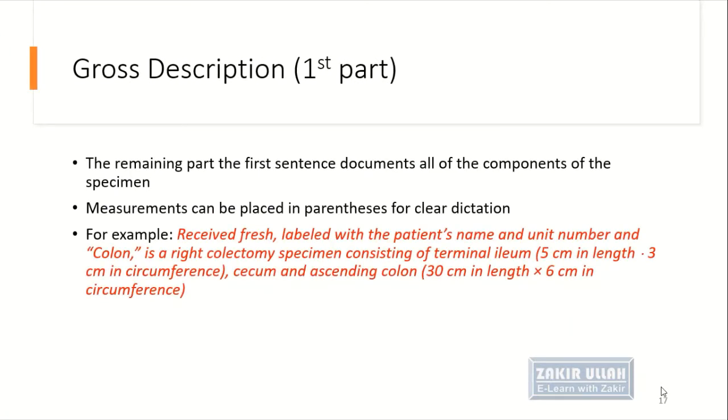The remaining part of the first sentence shows all the components of the specimen, and the measurements can be placed in brackets for clear dictation. For example, we received fresh, labeled with patient name, unit number, a right colectomy.